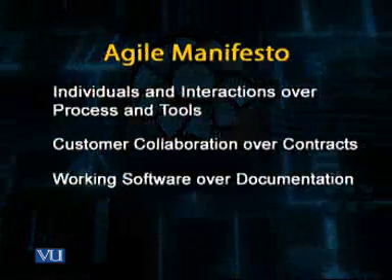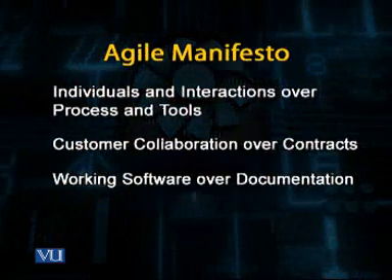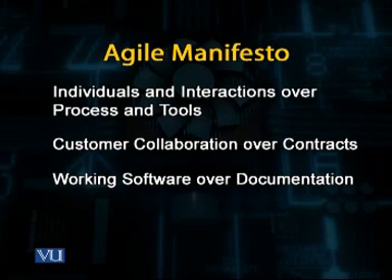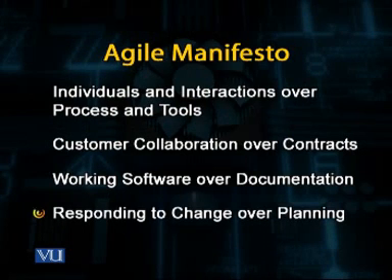So, there is a lot of interaction between the entire development team and the customer, as compared to written contracts. There is preference to working software over documentation. And finally, response to change is more important than planning.